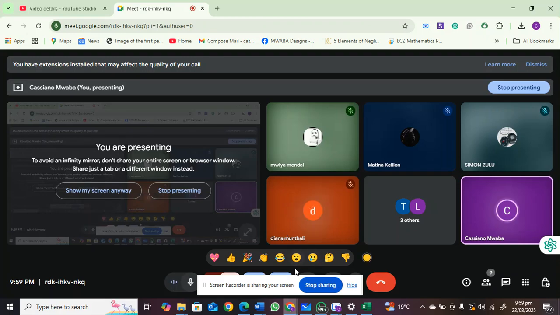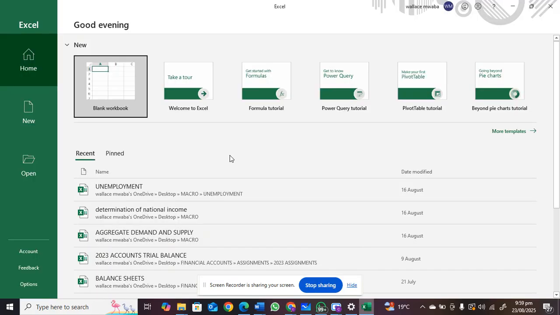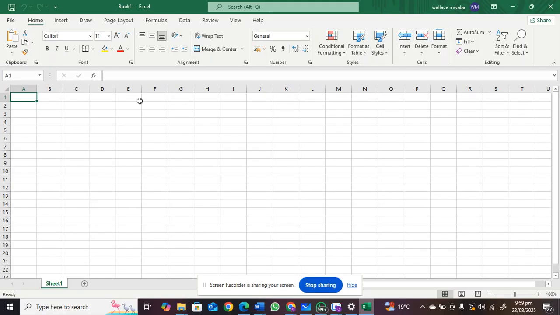So first things first, we'll need to make a table. Okay, we have our years. We have the cash flow.